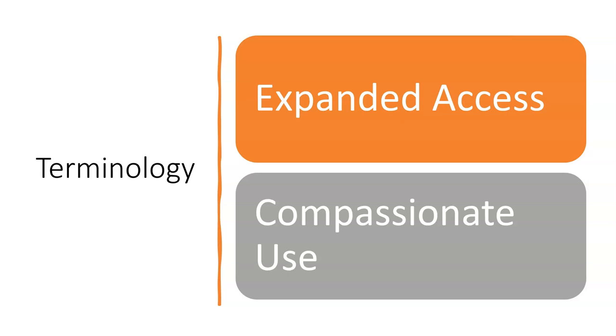Now, going forward, a couple more terms. With expanded access, this is a term to give use of the drug to people that need it really quickly. It's also known as compassionate use. So these are kind of similar terms.